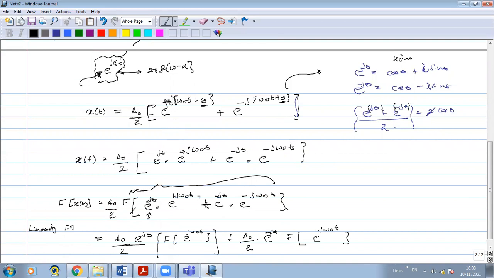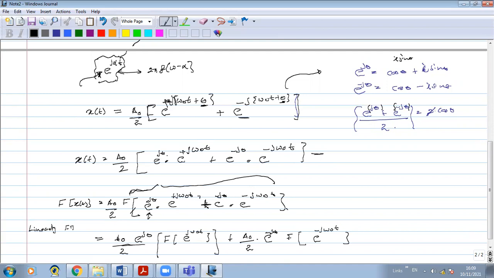So I can write this separately as e to the power j theta, e to the power plus j omega naught t. Same here: e to the power minus j theta, e to the power minus j omega naught t. Correct, no mistake.